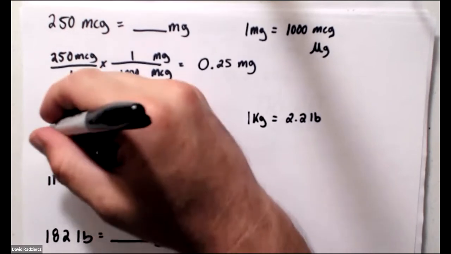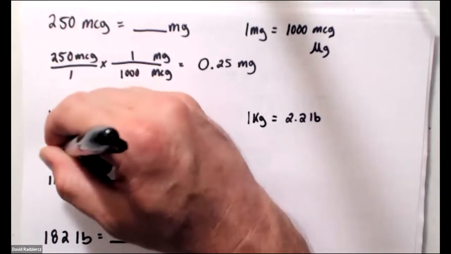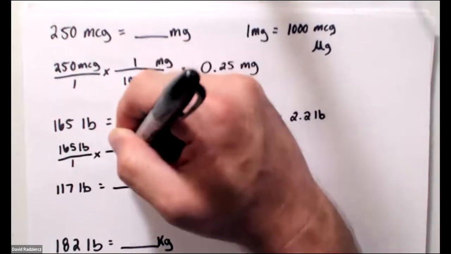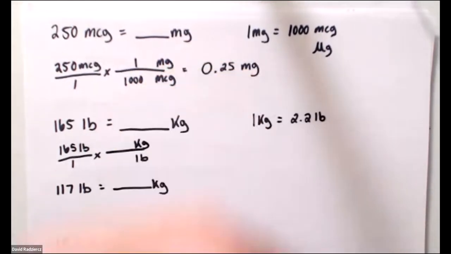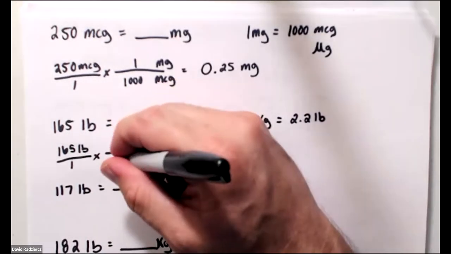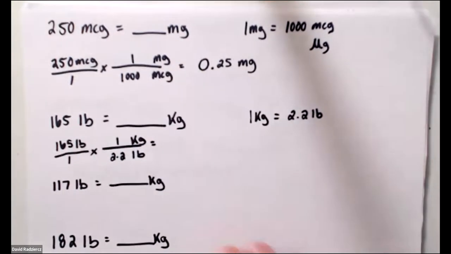So let's look at this. I'm going to take the 165 pounds. I don't want pounds. I want kilograms. I know that looks like a 16, but it's supposed to be an L and a B. 2.2 pounds, 1 kilogram. Now this, we're going to need our calculator. If you don't have a calculator, you can always use the one on your phone, or you can use the one on your computer.